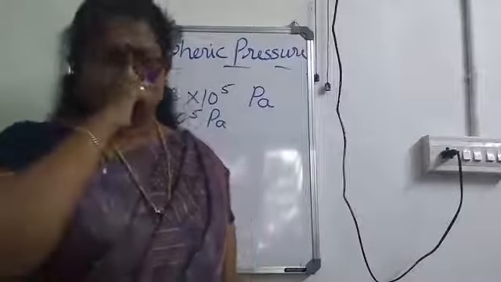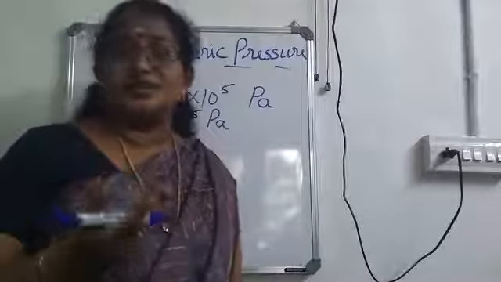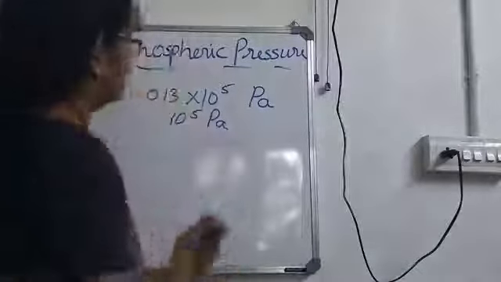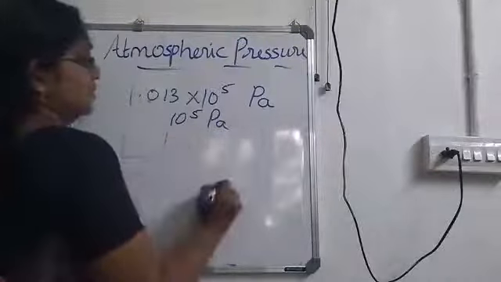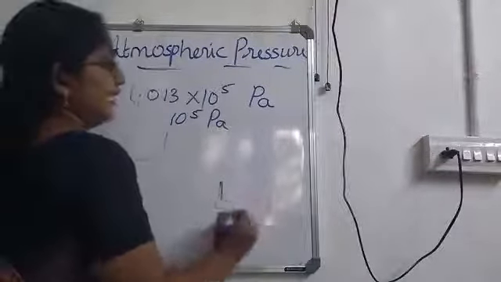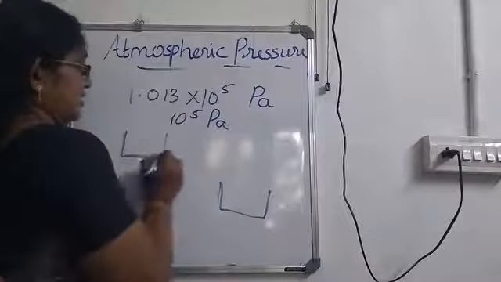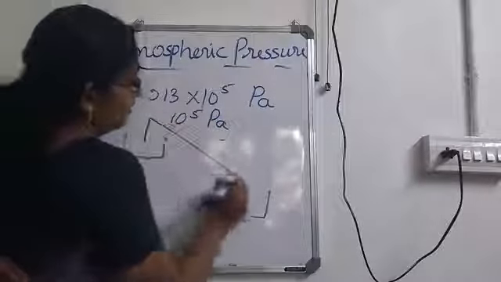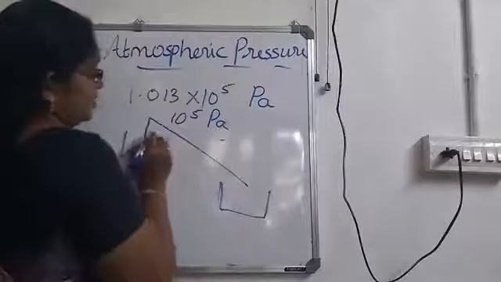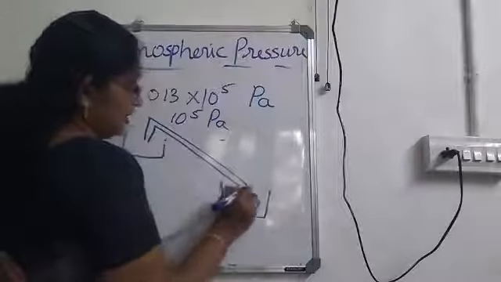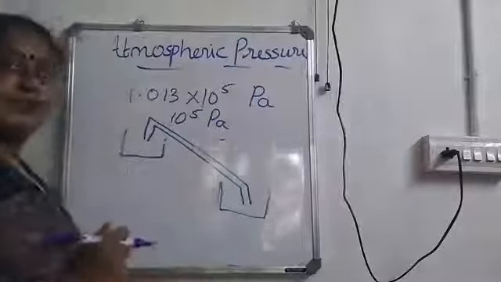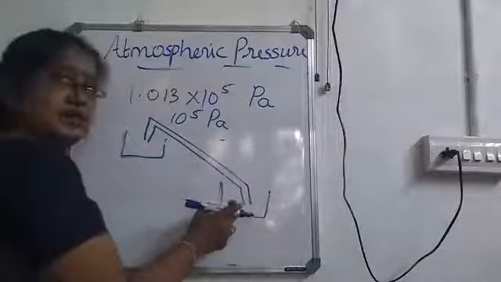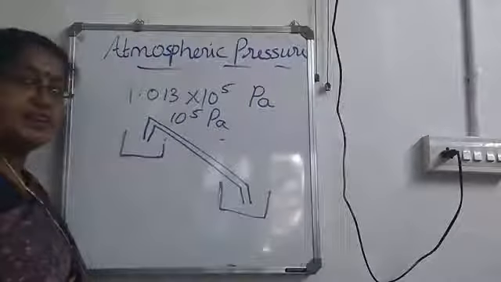Okay. Then another one is the siphon system. Have you seen the siphon system? There are two tanks, one at a height from the second one. So if you want to take water from a tank here to this one, we'll be using a siphon system.